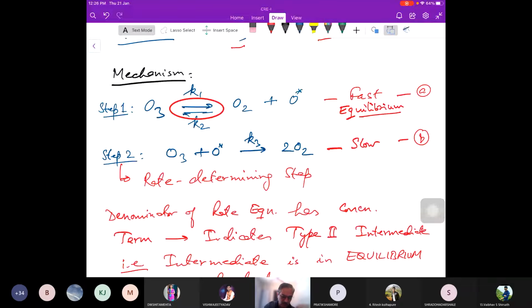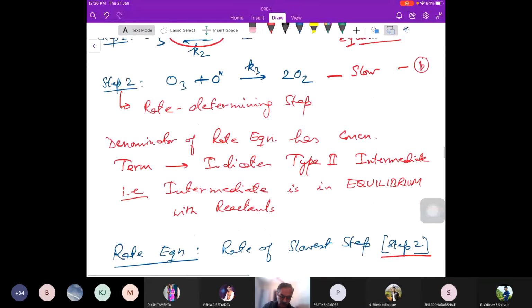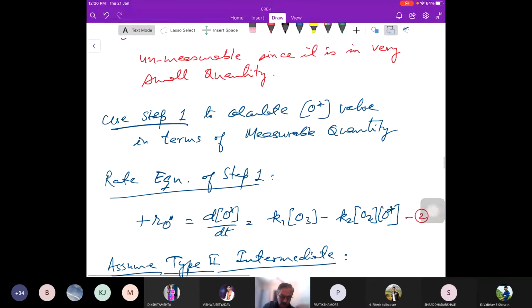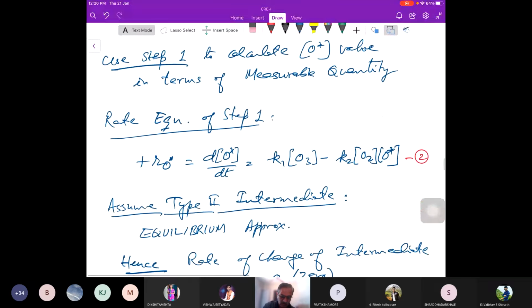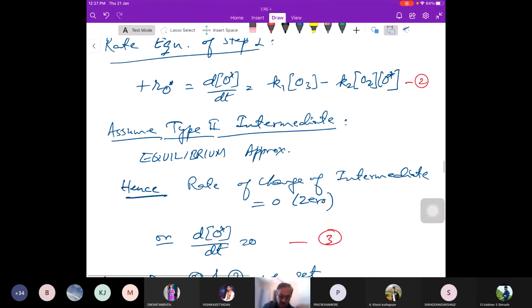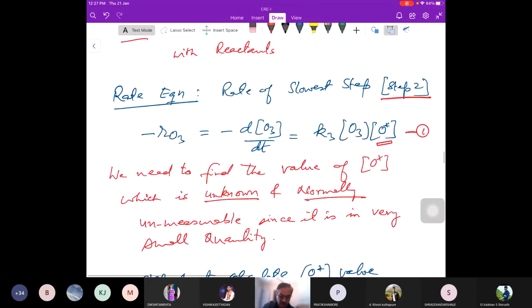So K1 into concentration of O3. हाँ, यस. Destruction or consumption is reverse reaction, so K2 into O2 into O star, ओके सर. Right? So K1 into O3 minus K2 into O2 into O star, right? That's this equation, right? And that's why we have written a reversible reaction, because we are saying it is in equilibrium.